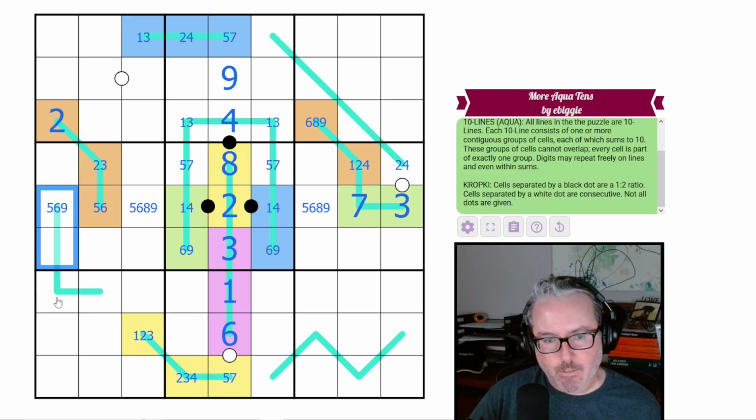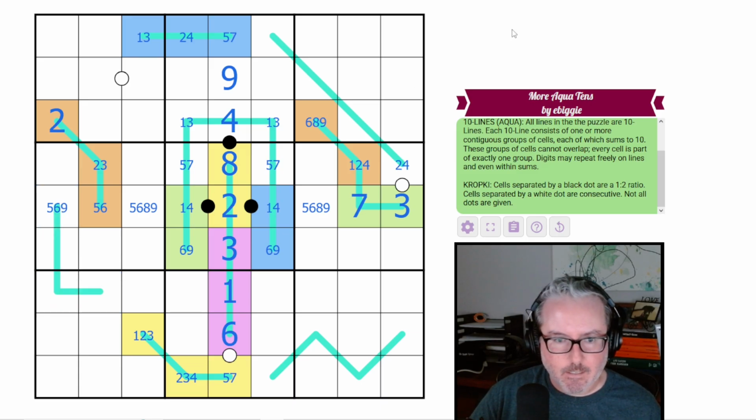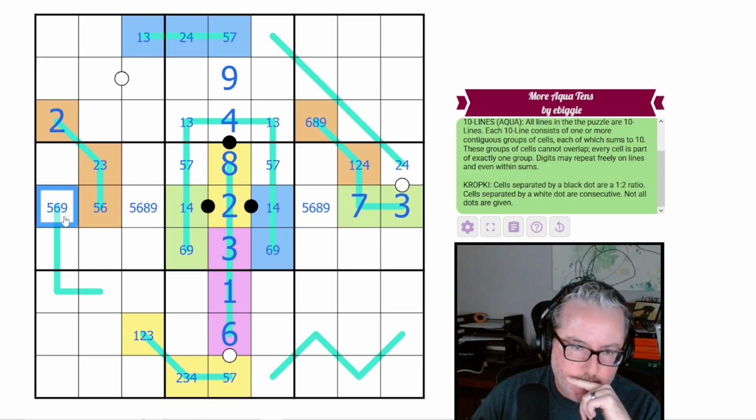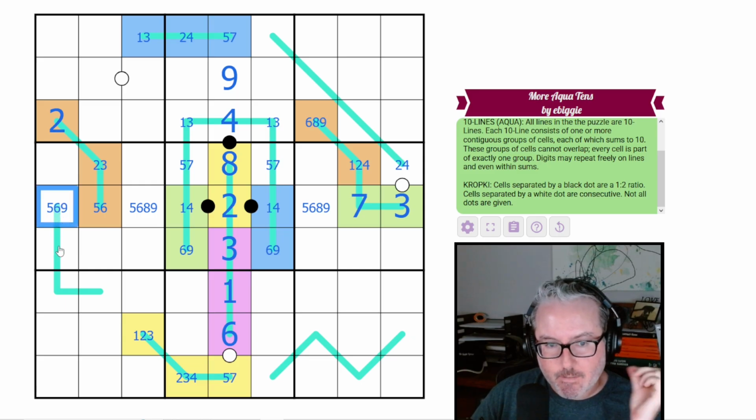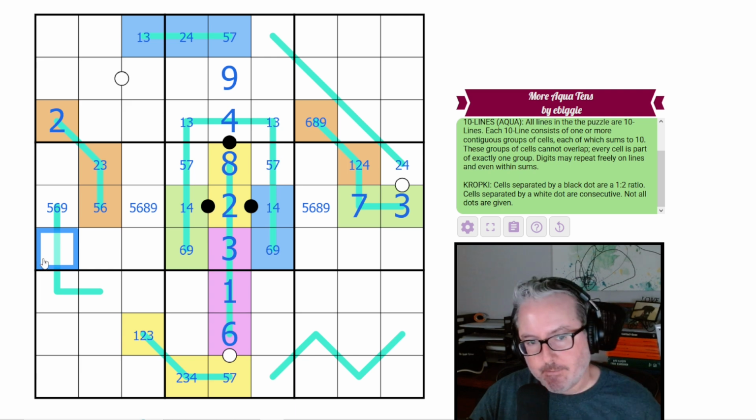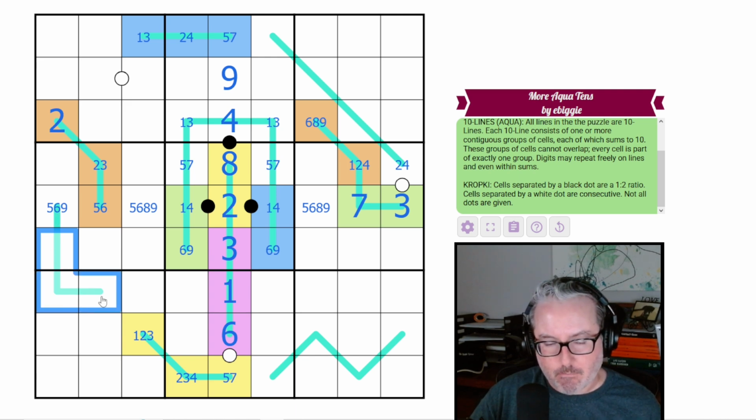I wonder if we're just going to get to the point where we're telling ourselves this is a 10 and a 10. What if this is 5? Well, if it's 5, this obviously can't be a 5. So these 3 digits would all have to add to another 5. And that doesn't work, does it?